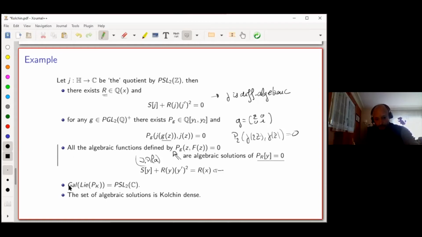The other nice property is that you have equality here, which is quite direct to prove. And then what you can also prove is that if you look at the set of algebraic solutions of this one, this is an instance of an order 3 differential equation with set of algebraic solutions which is Zariski dense, and that does not admit any second order.